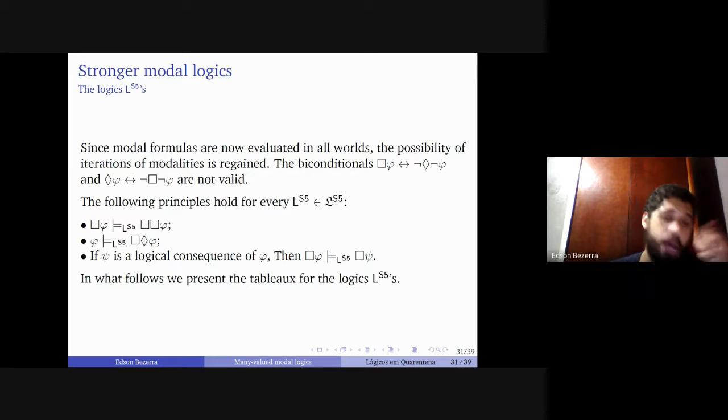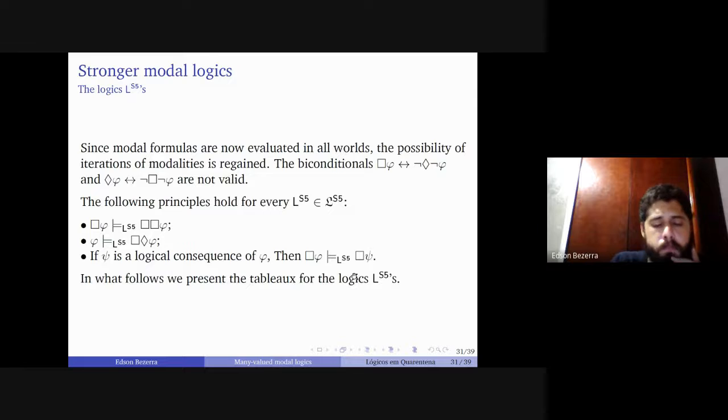Now, besides the principles we presented before for those logics, we have the inferential version of transitivity and the inferential version of axiom 5. And then we also have here a more general necessitation rule. If psi is a logical consequence, not a tautological consequence anymore, just a logical consequence of phi, then we can apply the box to the premise and to the conclusion.